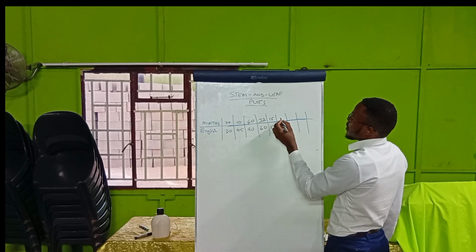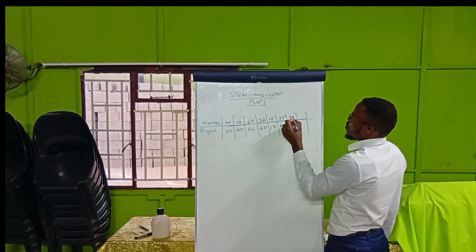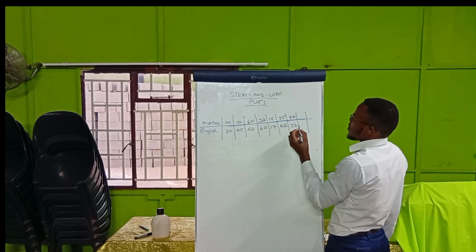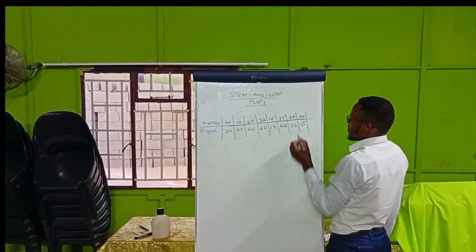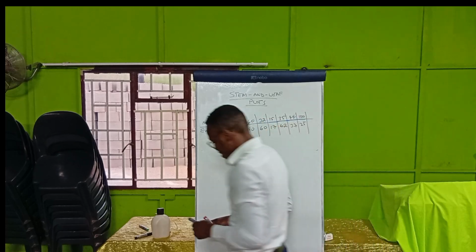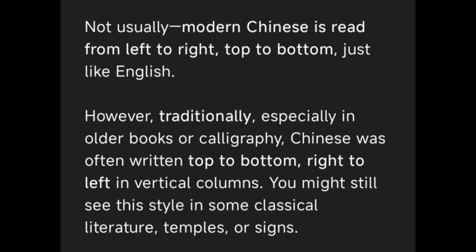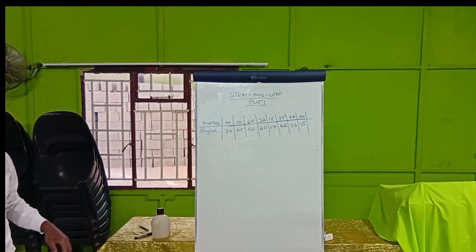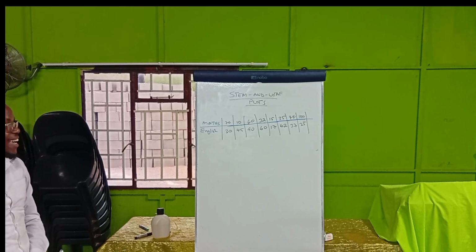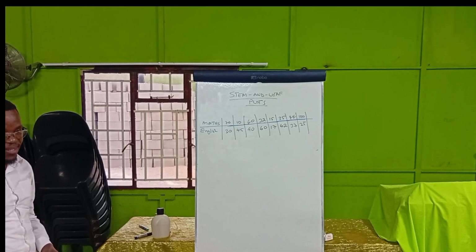You get a 35, a 62, a 44, a 27, a 100, and then a 25. These are marks, and you are asked to represent this in a stem and leaf plot.